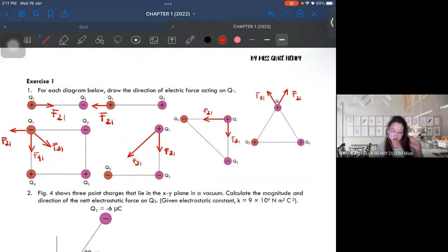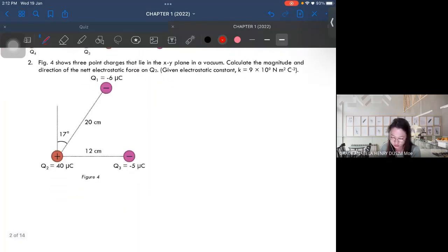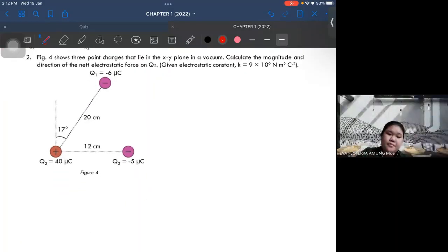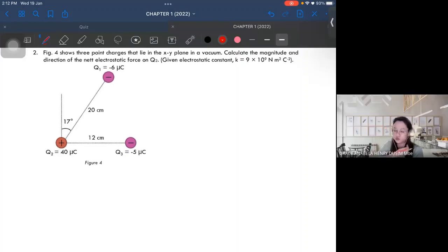Okay, so semua dapat betul ka yang ini? This is the most basic untuk chapter 1. You should be able to draw this. Okay? Dapat, Miss.